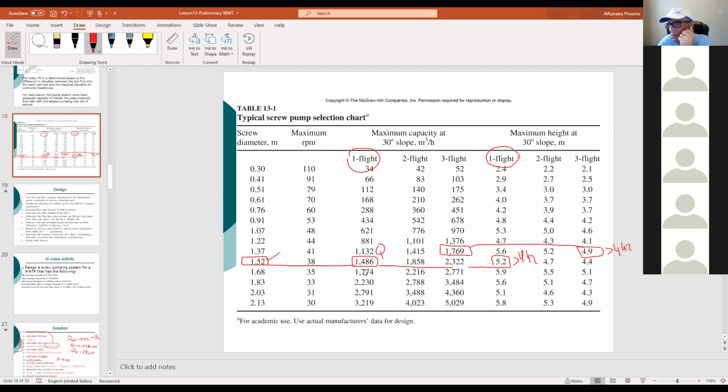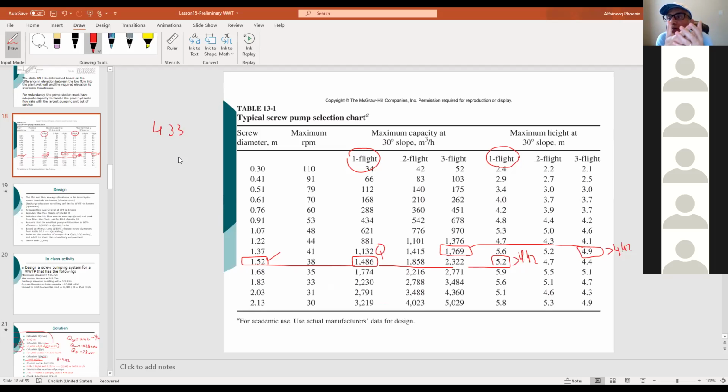Dr., I know you already passed this part, but why did you divide it by 30%? Because the Q minimum that I need is 433. Correct. Now, these pumps don't run on 100% capacity.